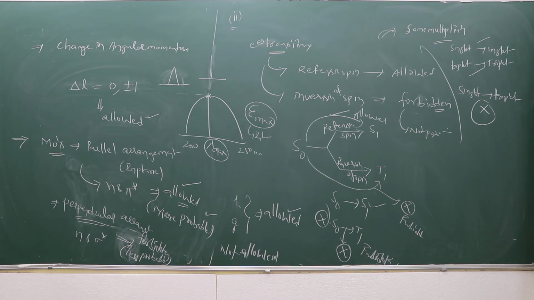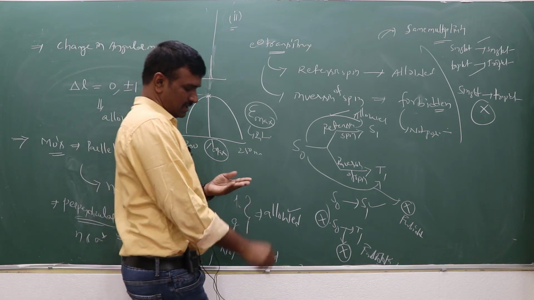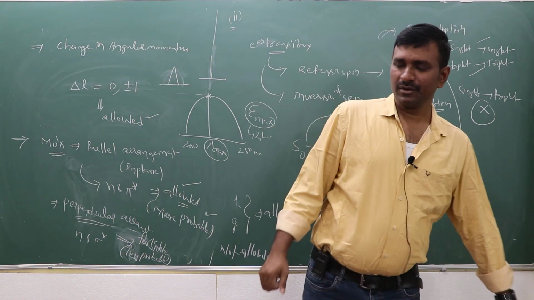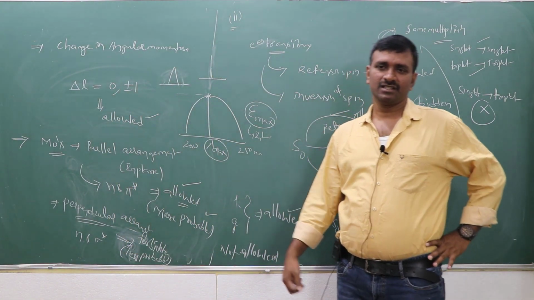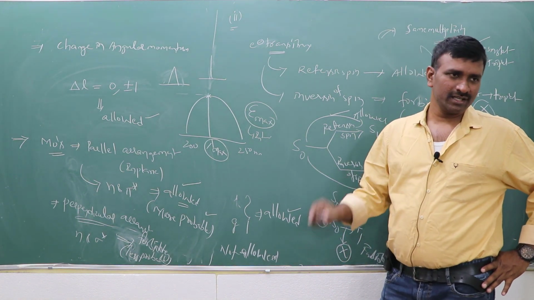Another one is the energy criteria, which applies in some cases. The general UV visible range is 200 to 800 nanometers.